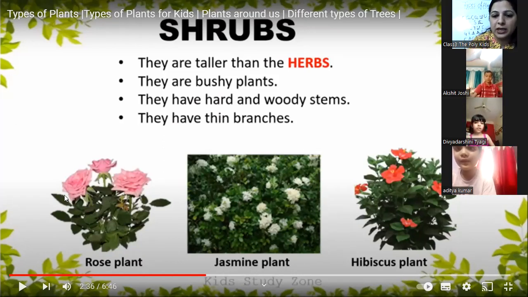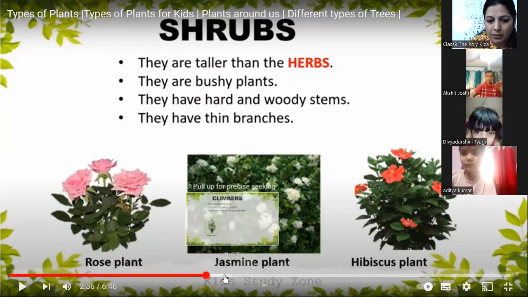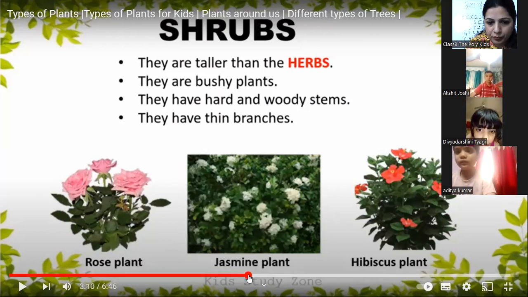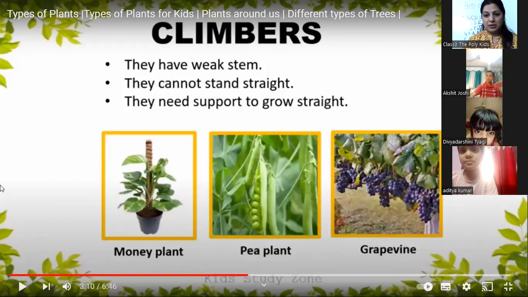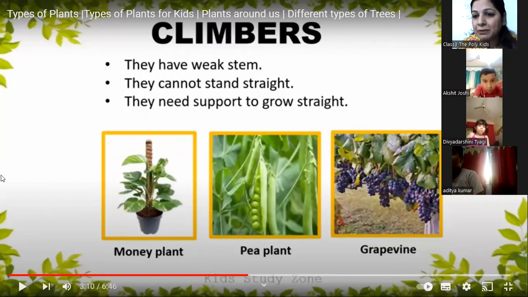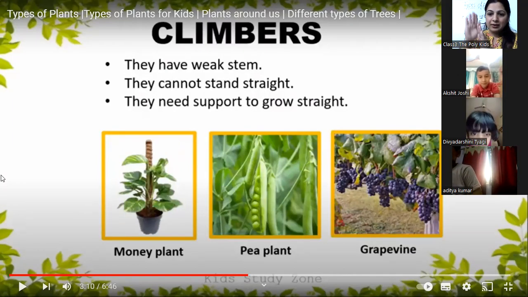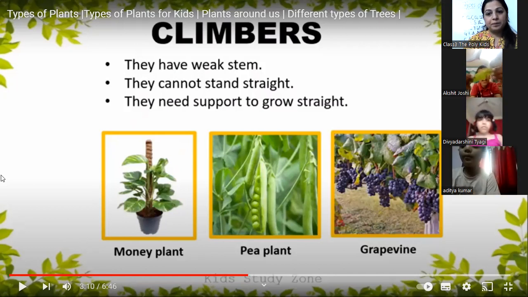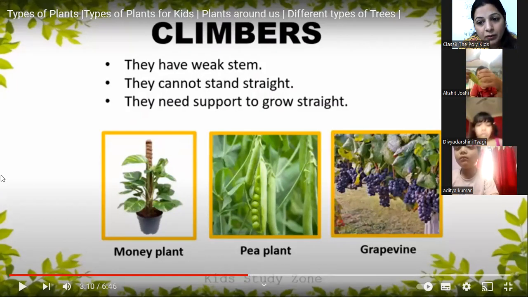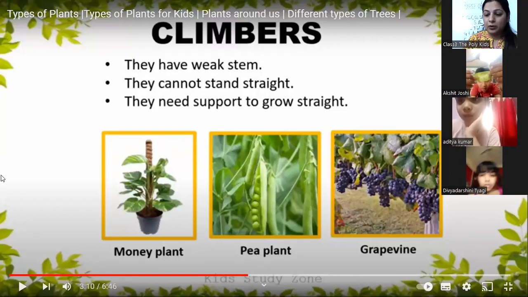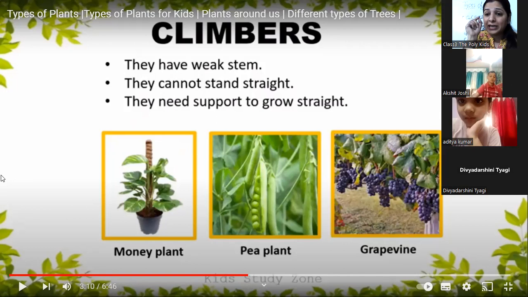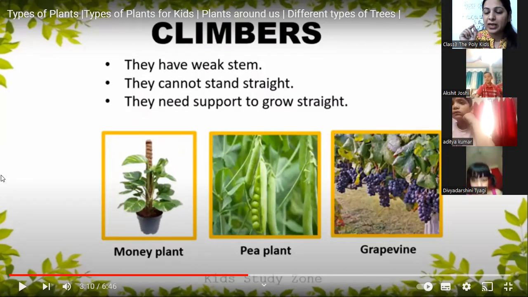Number 3 is, let's see which is the number 3. Climbers. Now, as their name itself says, climbers. That means they will climb. Money plant is a climber. Very good. Climbers have very weak stems. They cannot grow themselves.